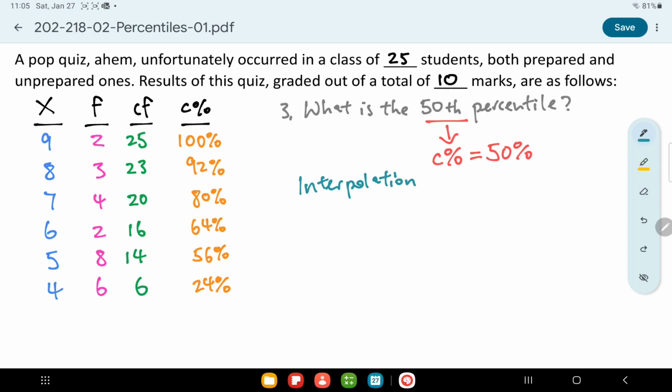Interpolation is the idea that as long as we have an idea of what the range is within the information that we want to look for, we can use this process to figure out the exact information necessary to respond to questions. So to the question, 50th percentile, we're figuring out what score of X the cumulative percentage 50% corresponds to.